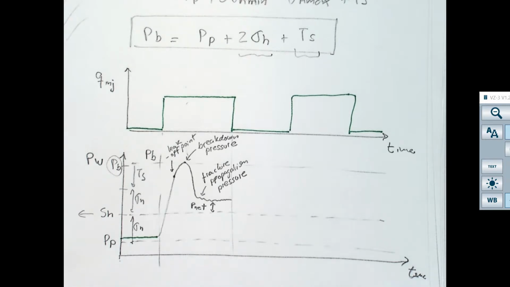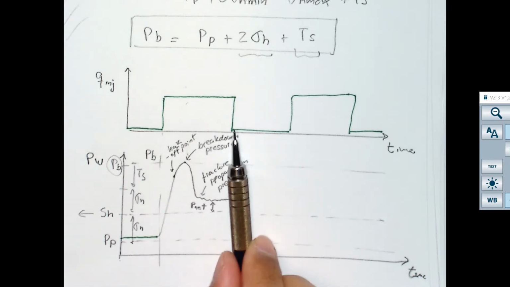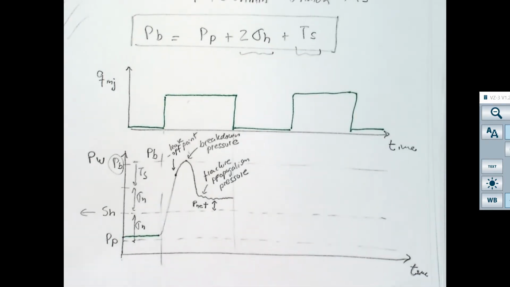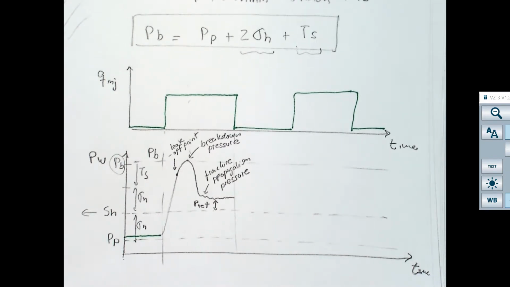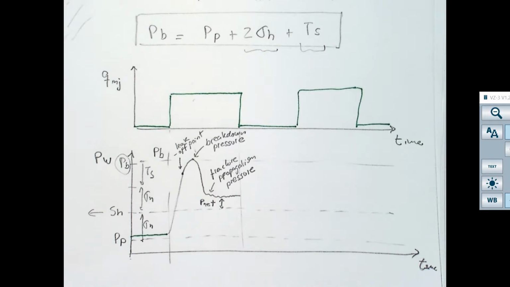Okay, so we got to this point, and now we shut in the pumps. What's going to happen with the pressure? It will go down, right? Because you're stopping pumping, so the pressure has to go down. Why?